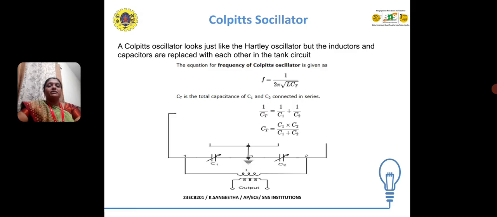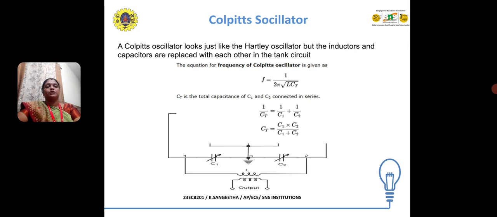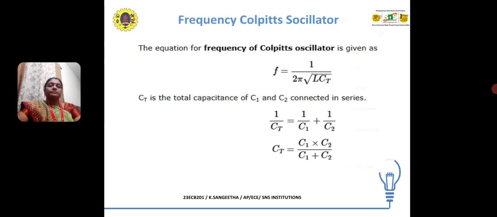Here the capacitors C1 and C2 are connected in series. So the total capacitance Ct is given by 1 by Ct is equal to 1 by C1 plus 1 by C2, that is, Ct is C1 C2 divided by C1 plus C2. This is the main difference of Colpitts oscillator.